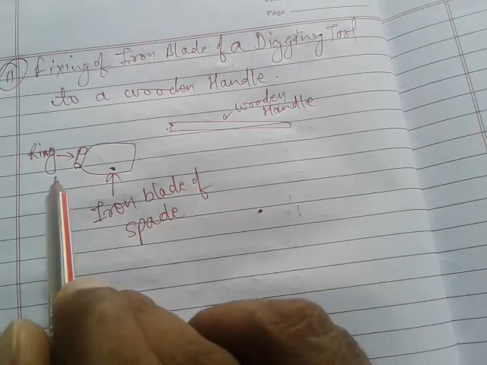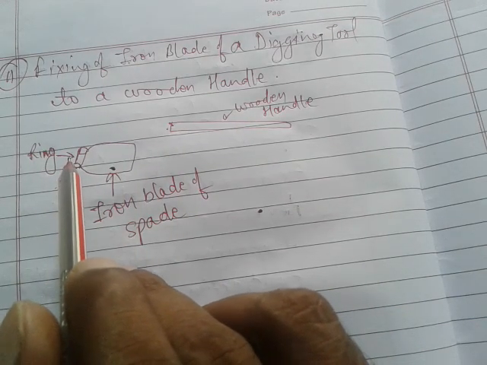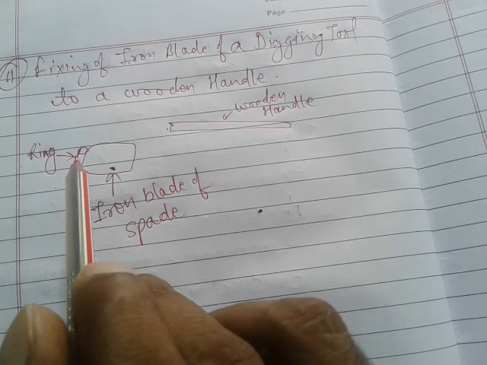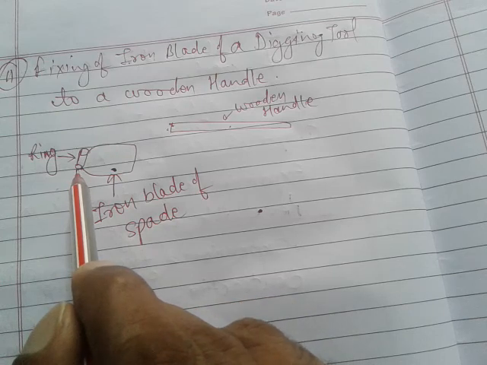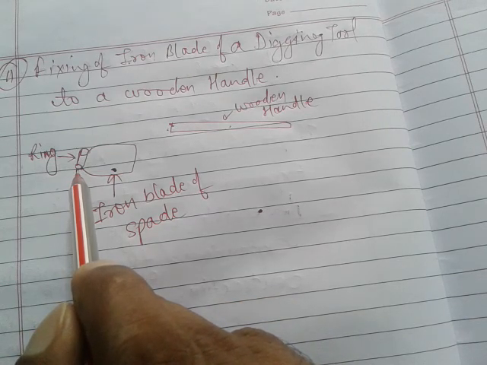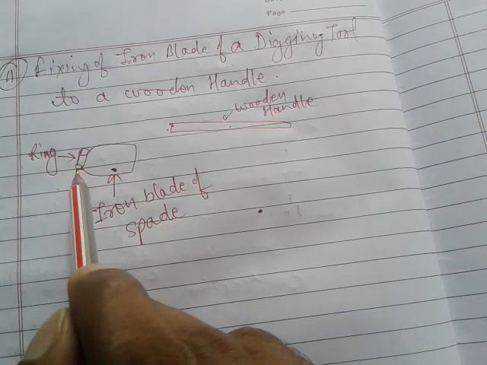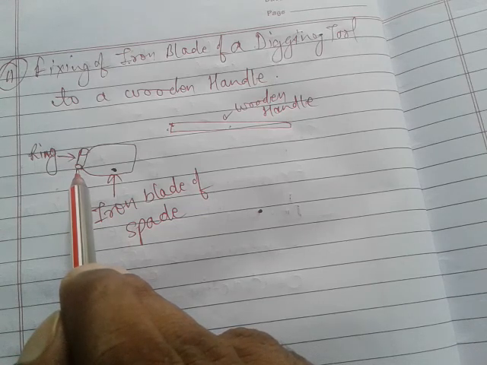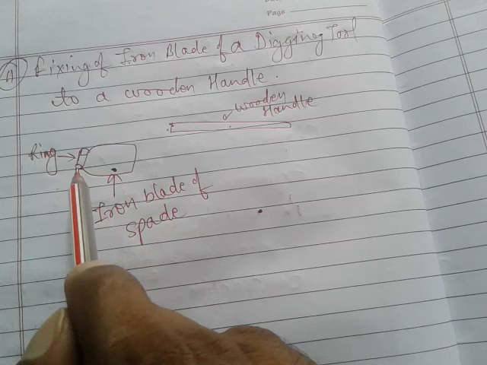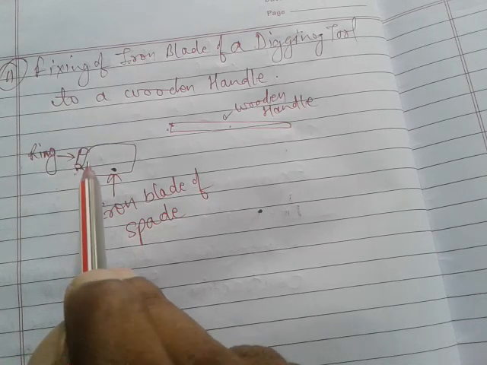First of all, to fix the handle into the ring of the iron blade of a spade, we have to heat it over fire, and on heating the iron ring expands and becomes slightly bigger in size, and one end of the wooden handle now easily passes through the hot ring, and then cold water is poured over the hot ring of the blade to cool it.